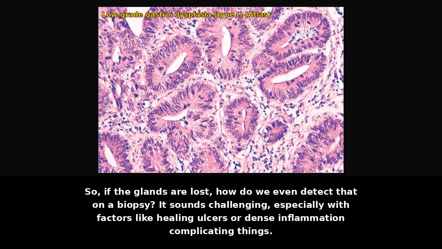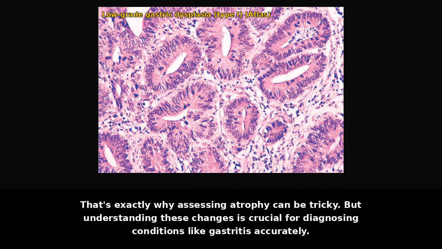It sounds challenging, especially with factors like healing ulcers or dense inflammation complicating things. That's exactly why assessing atrophy can be tricky. But understanding these changes is crucial for diagnosing conditions like gastritis accurately.